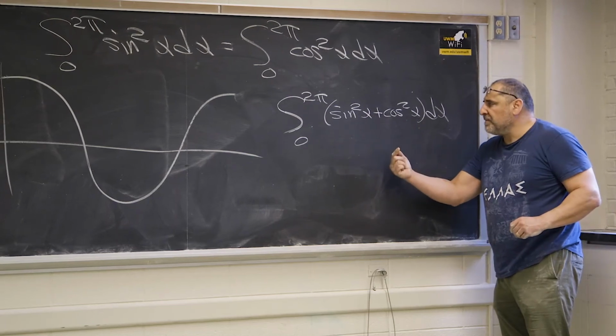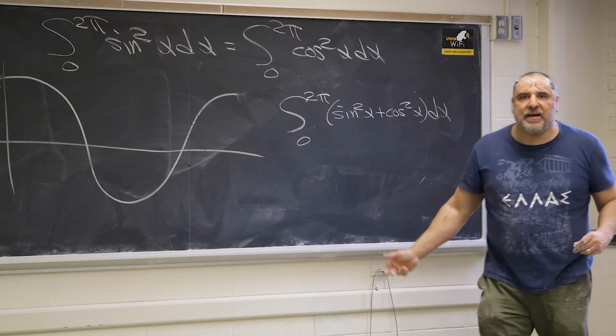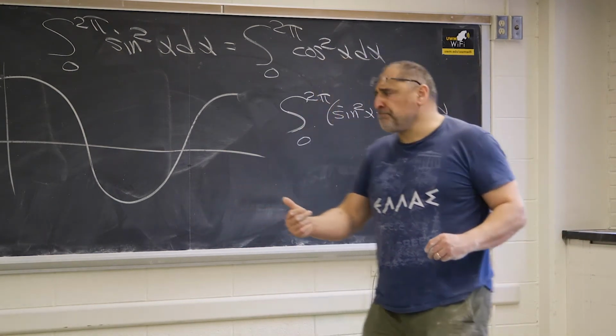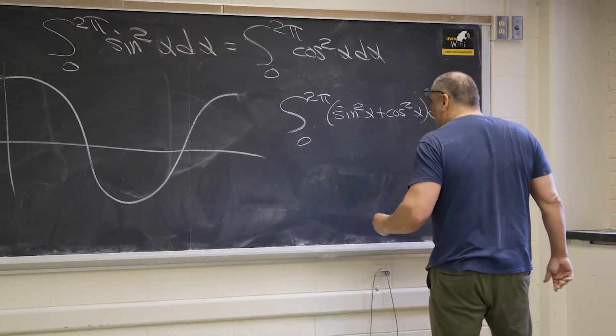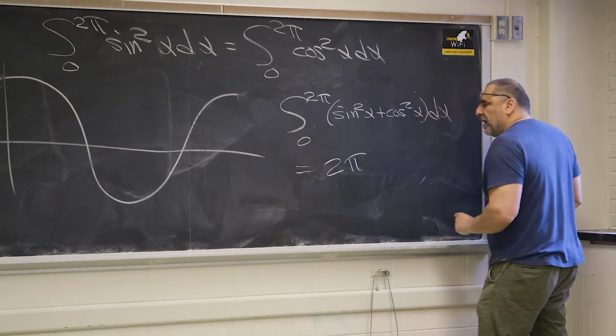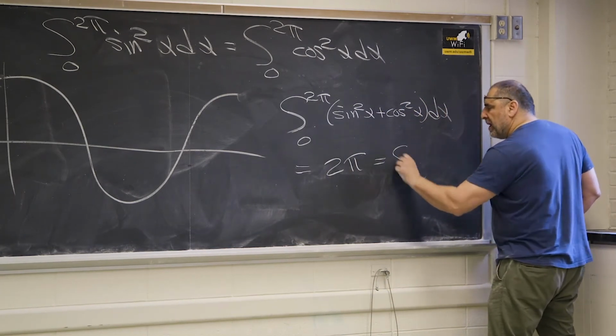The integral of 1 dx from 0 to 2 pi is 1x evaluated between 0 and 2 pi. It's 2 pi, which is equal to the individual integrals.